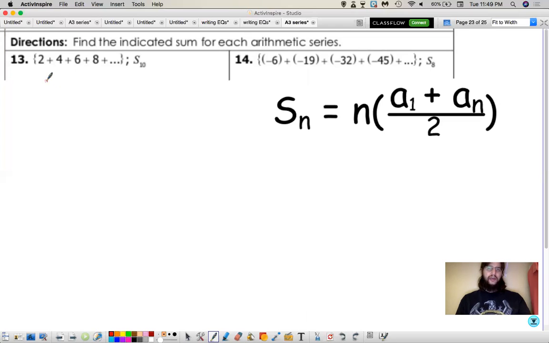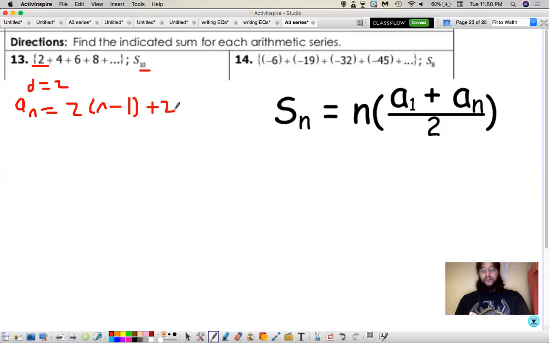So the first thing we've got to do is figure out a1, an, and n. Well, n is given to us as 10. So we still need to find a10. If you notice, S is the sum, the series; a is the term. I'm going up by 2 each time, right? So my d is 2. I started at 2. So a sub n is equal to 2 times n minus 1, plus 2.